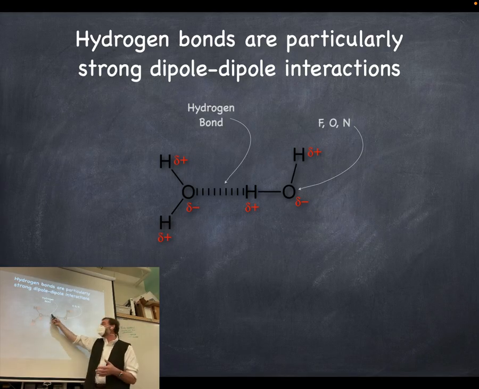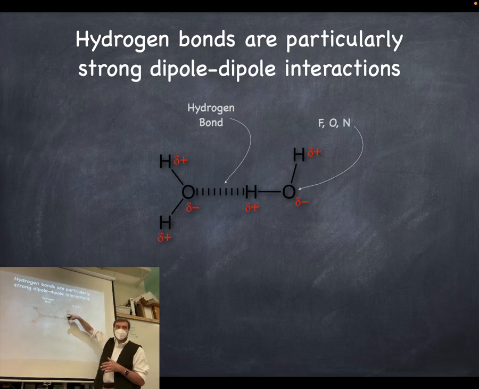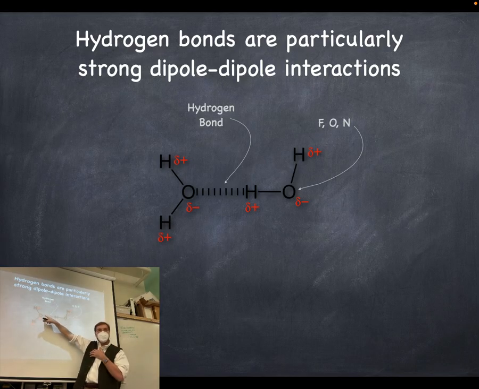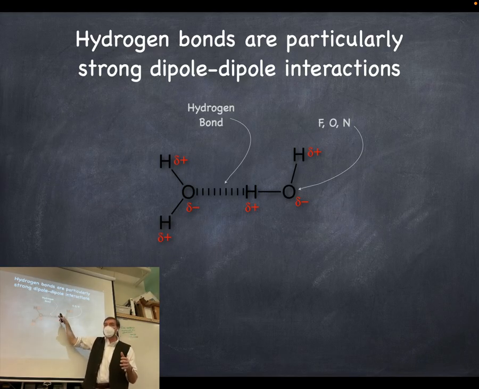Notice it is an interaction between two separate molecules. This is not the hydrogen bond. Yes, it is a hydrogen-oxygen covalent bond, but it is not what we mean when we say hydrogen bond. Hydrogen bond refers to this very specific between-molecule force that exists when we have these very polar molecules.